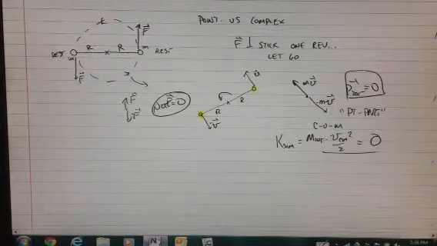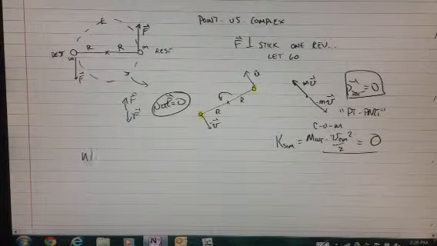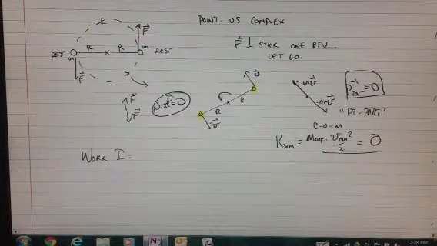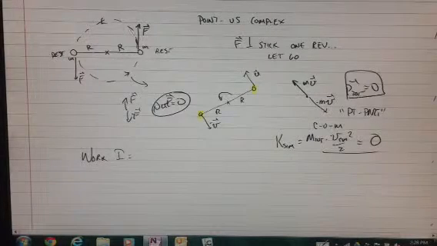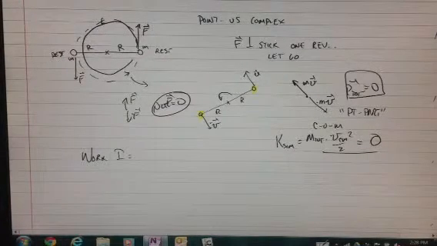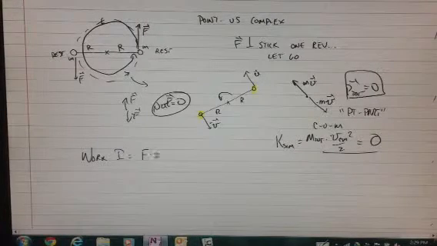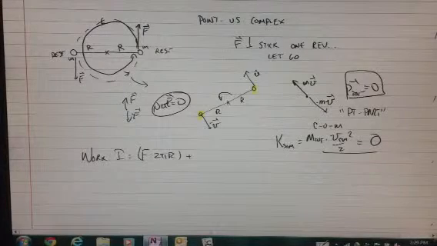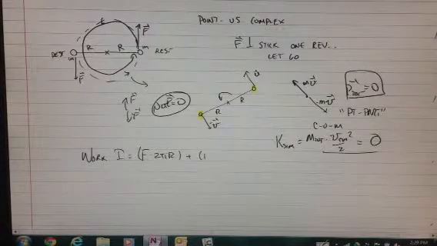And yet, there is kinetic energy in the system. Each one of these objects, I can tell you how much work I do. The work I do, well, in this first object, I take it 2 pi r around the circle. So I have F times 2 pi r is the work I do on the first mass, and there's also the work I do on the second mass, F times 2 pi r.